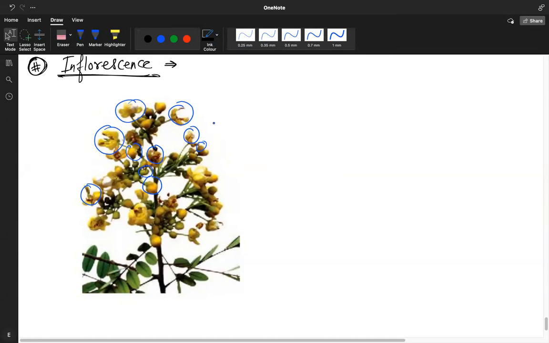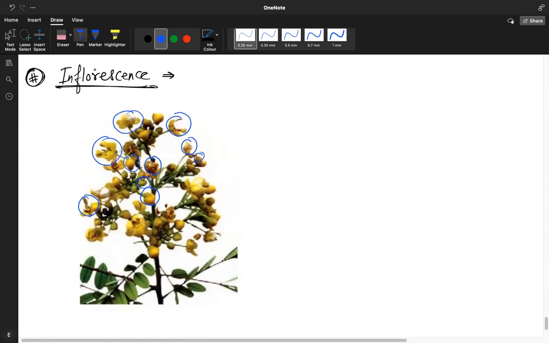Inflorescence is defined as an arrangement of multiple flowers on the floral axis of a plant.